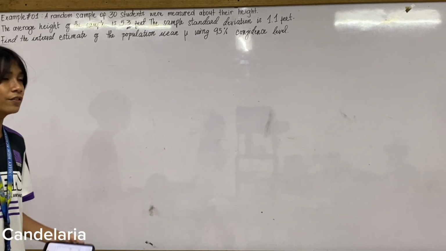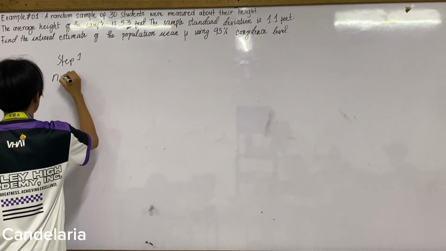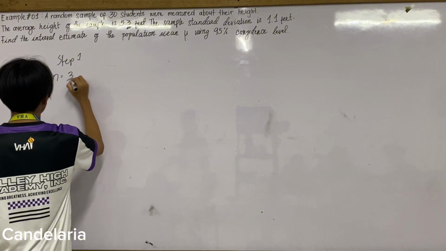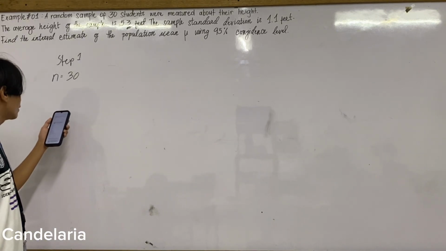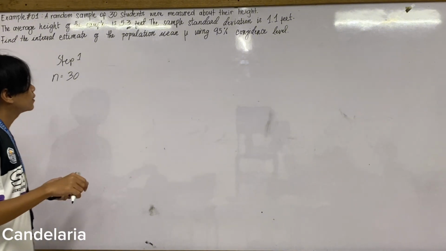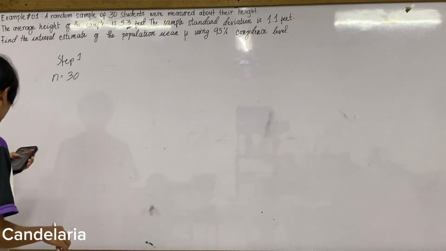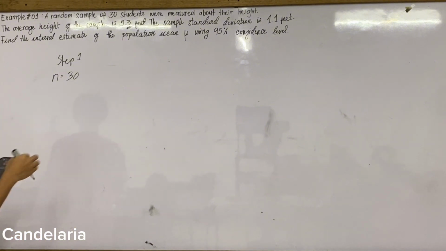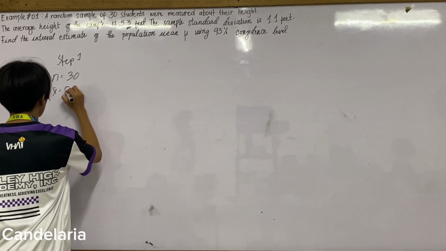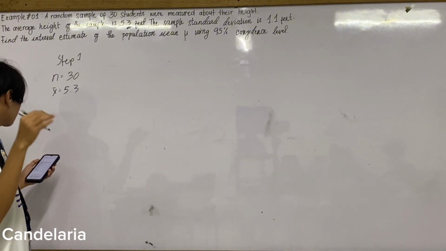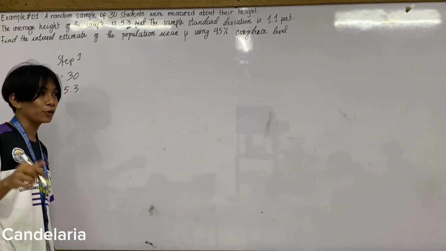For our step 1, we need to write our given. Our first given is the sample size n, and our n is 30, and the next symbol is our sample mean, and our sample mean is 5.3, and our sample standard deviation is 1.1.